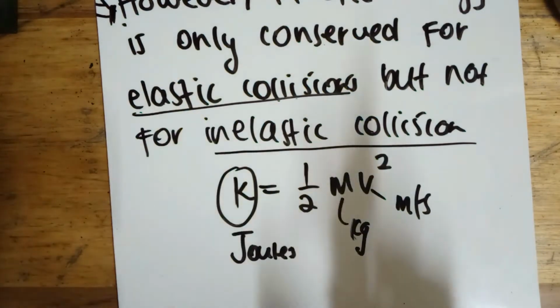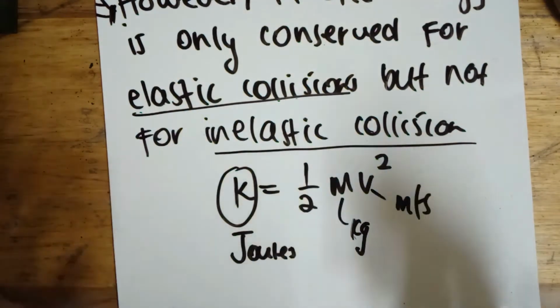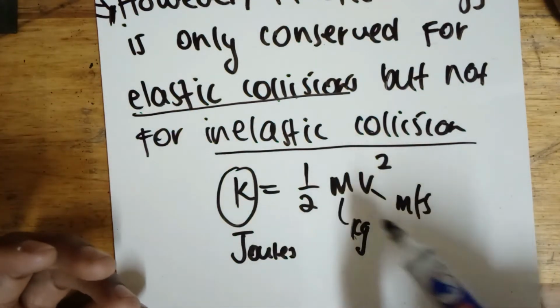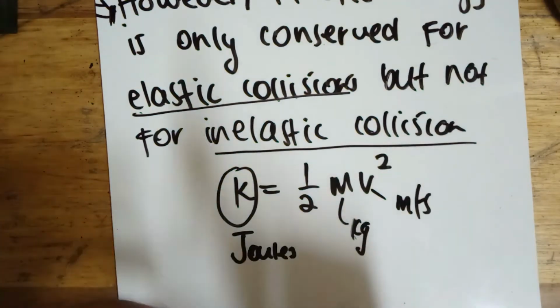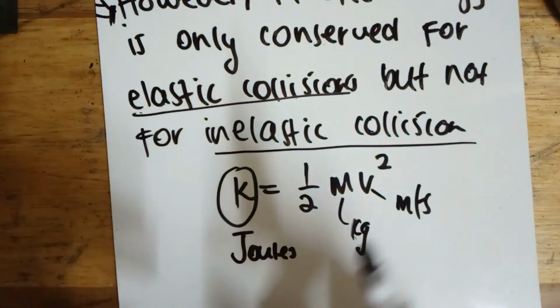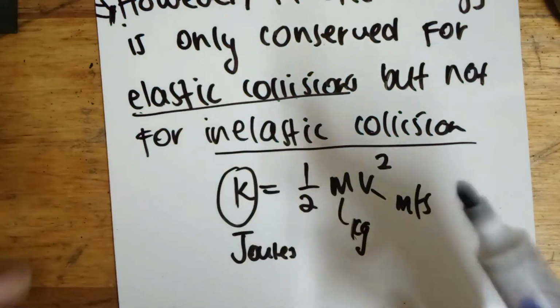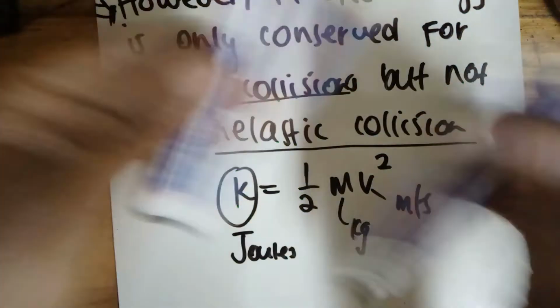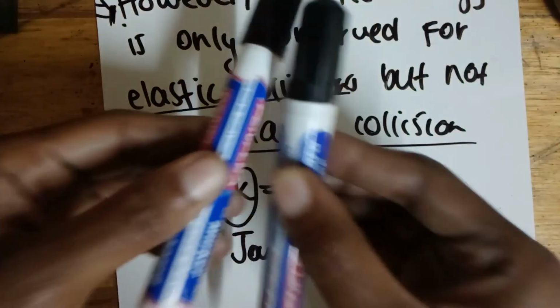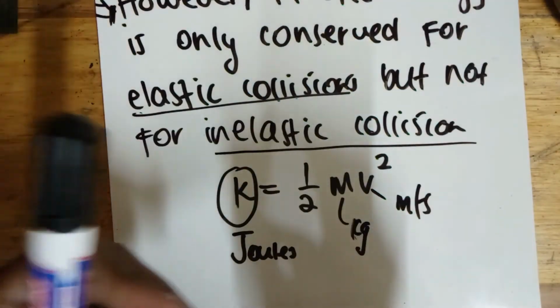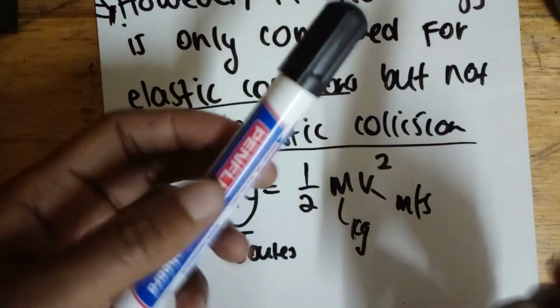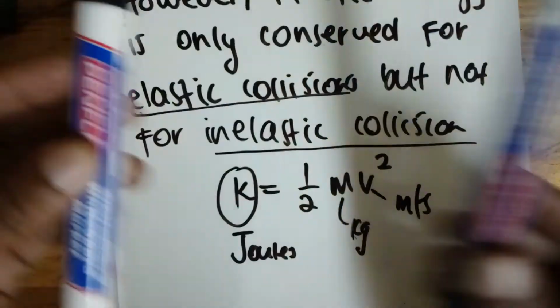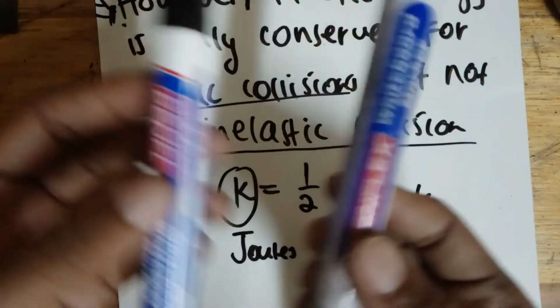So these objects initially have kinetic energy because they are moving, because they have a velocity, and then during that collision, in some collisions, that energy is transformed. We talk about the process of energy transformation. So remember, when two objects collide, they make a bit of a sound, meaning that kinetic energy is transformed from kinetic energy into maybe sound energy.